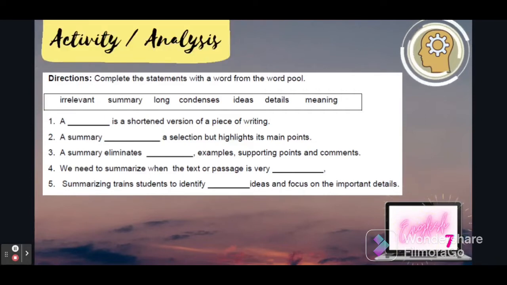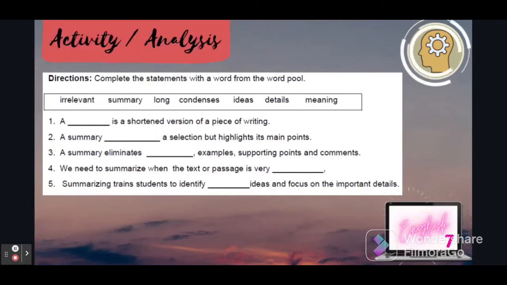Alright, time's up. Let's check if you got the correct answer.